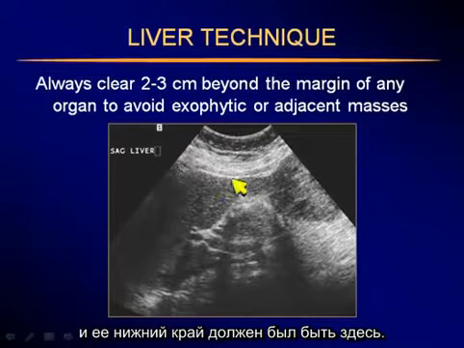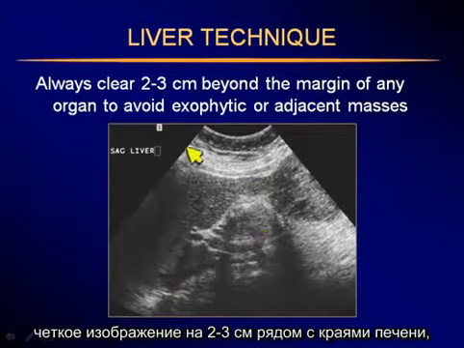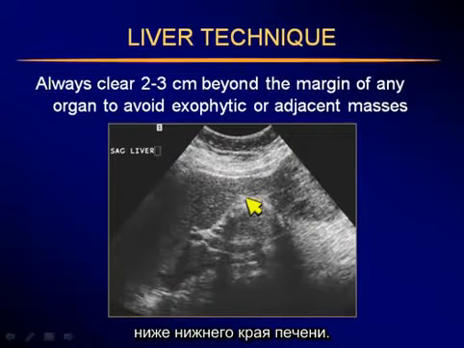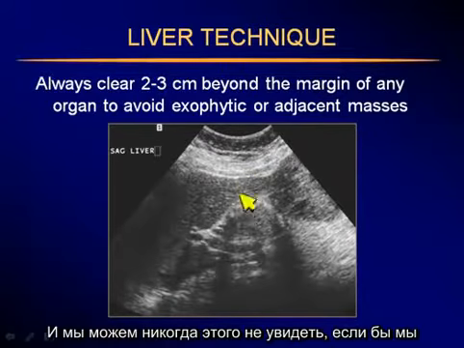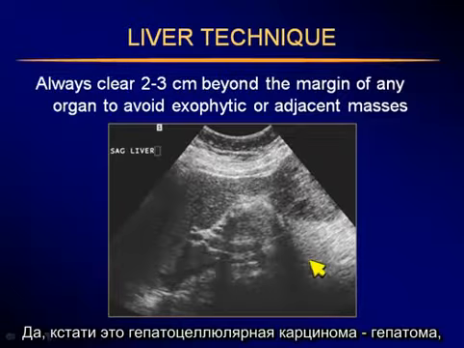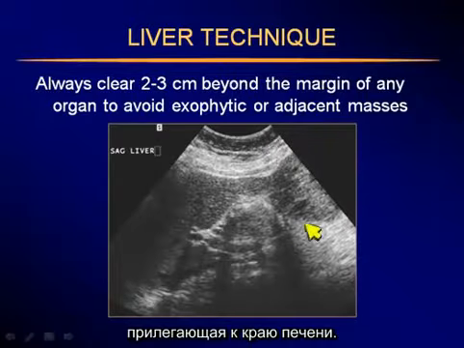The inferior edge of the liver would be here, but because we were trying to clear 2 to 3 centimeters beyond the margin, we noticed that there was a mass hanging off the inferior edge of the liver. We would have never seen it if we would have stopped our picture at the inferior margin of the liver.